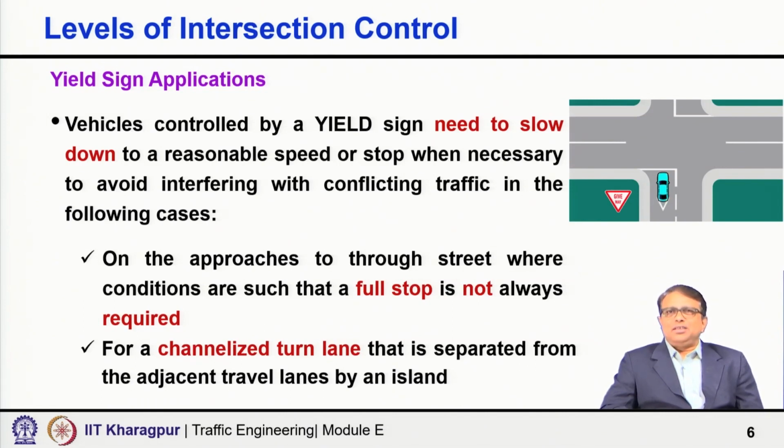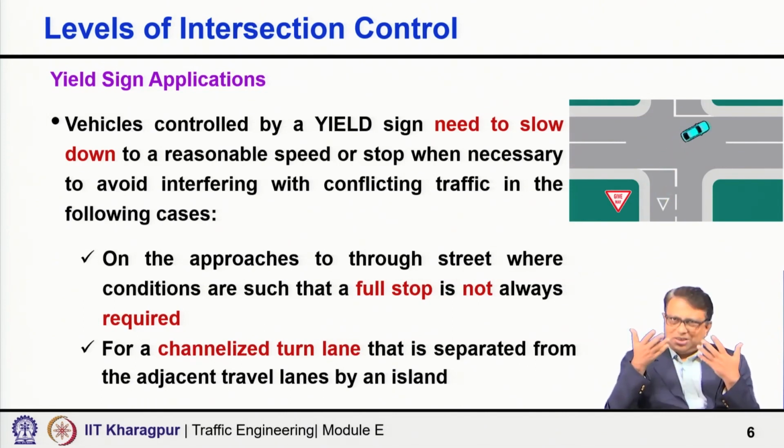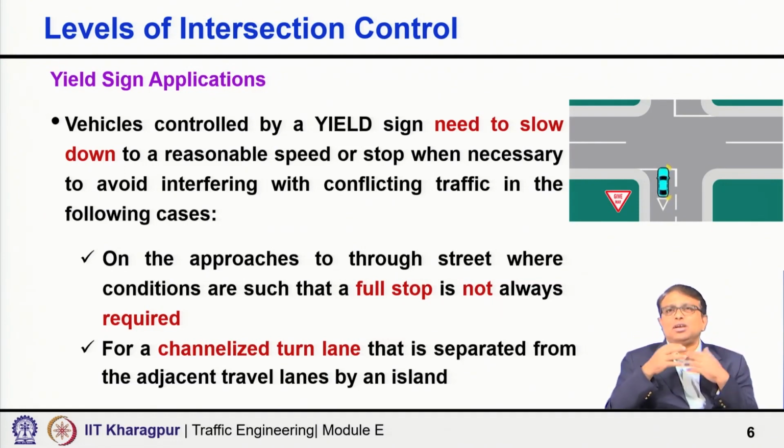In a yield sign case, if we are approaching typically from a minor road and trying to do the required maneuvers at the intersection with a major road, then if I find that a yield sign is present, as I have shown in this figure, I have to understand that the priority of movement is for the main road traffic, and I have to wait.